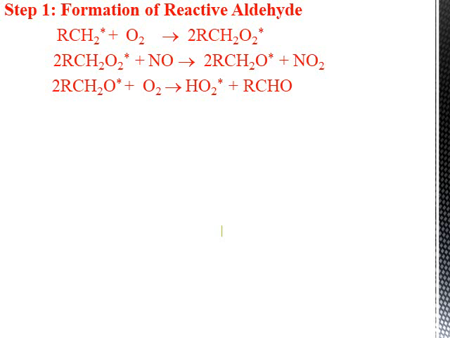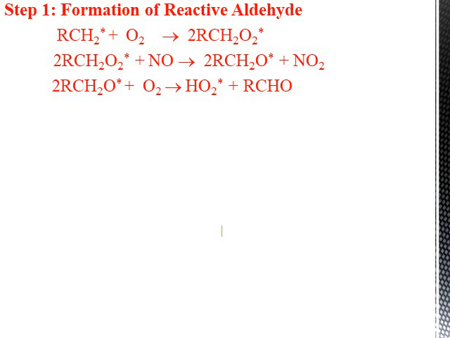Now the RCH2O dot reacts further with oxygen and forms HO2 dot plus RCHO. Very important here is that an aldehyde is formed by a chain reaction of free radicals.